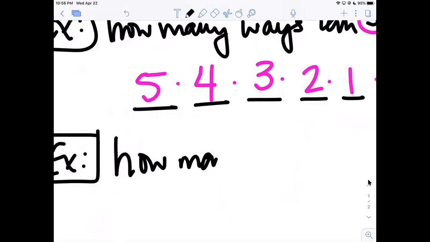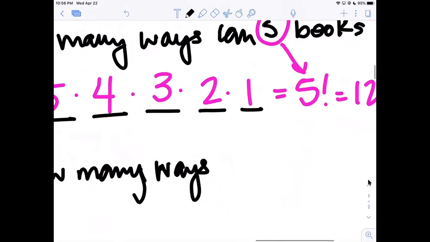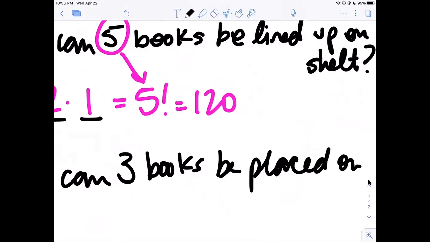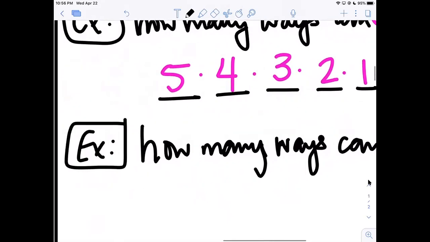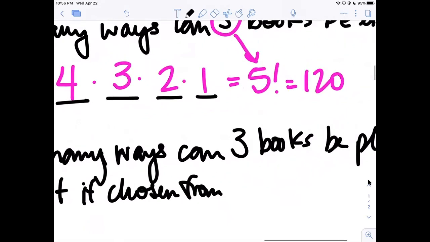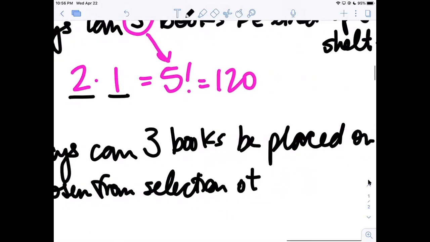How many ways can 3 books be placed on a shelf or on display, whatever makes you happy in our pretend example, if chosen from a selection of 7 different books?